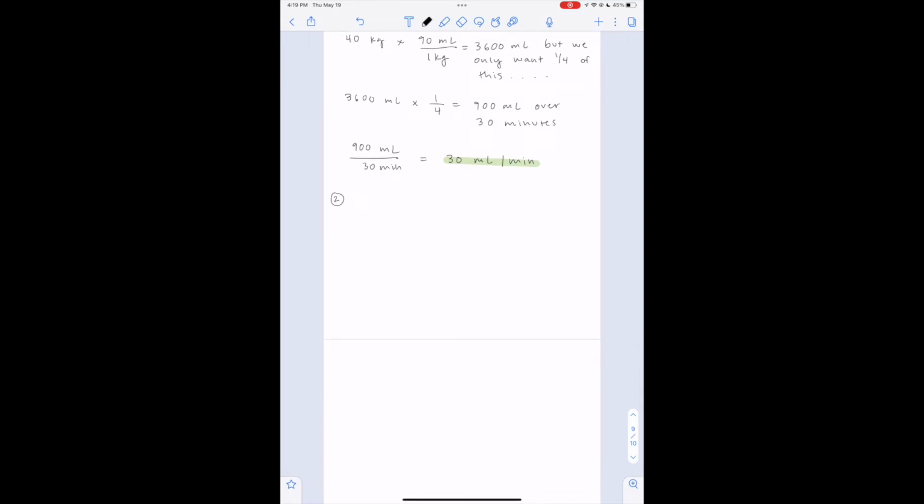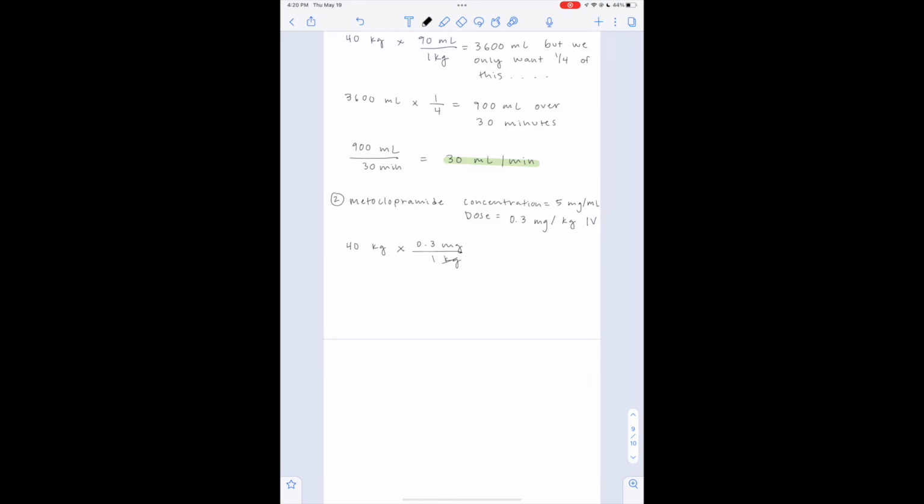And now in part 2, you're going to be giving metoclopramide to help his stomach empty better. The dose is 0.3 mg per kg IV, and then the concentration is 5 milligrams per milliliter. So again, you want to start with 40 kgs. You're going to multiply by the dose, so 0.3 mg per kg.